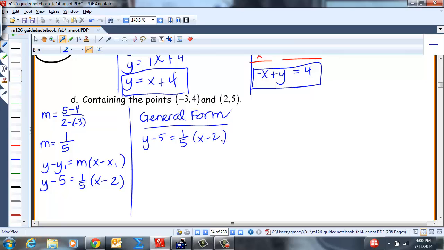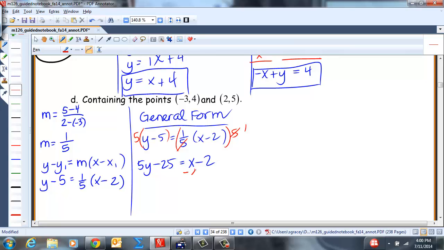Starting there, I'll go ahead and do our general form. So let's clear this of fractions. This 5 divides out that fraction, and we'll have 5y minus 25 is equal to x minus 2.